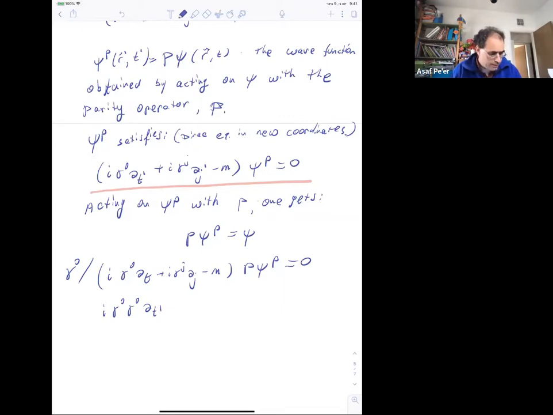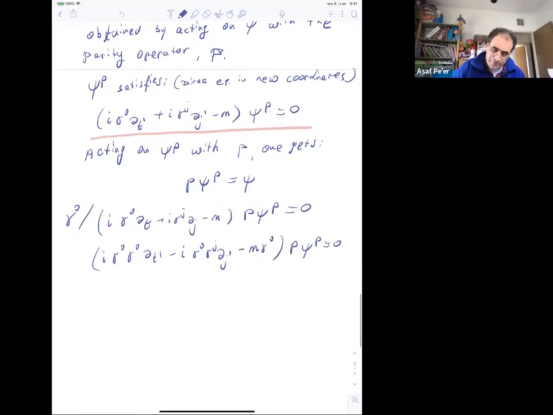Now, d_j will be minus d_j'. So I have a minus here, i gamma^0 gamma^j d_j'. And here I have a minus m gamma^0 P psi_p equal to 0. Now I can use the anti-commutation relations.